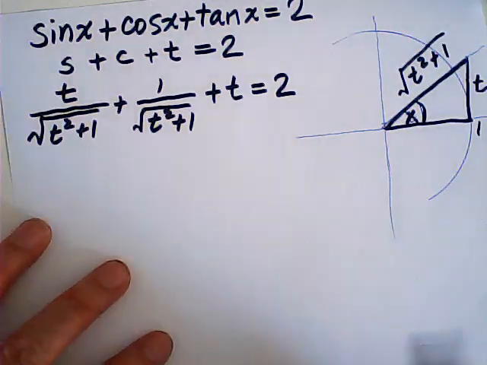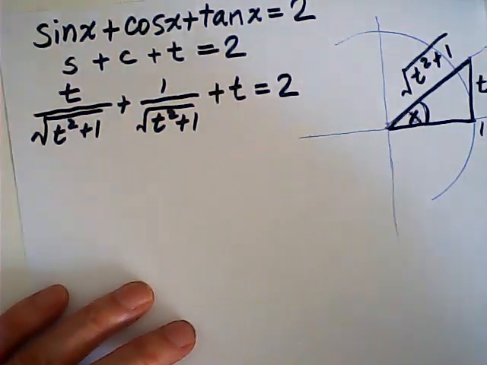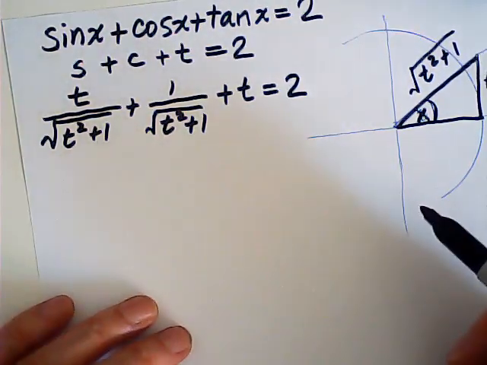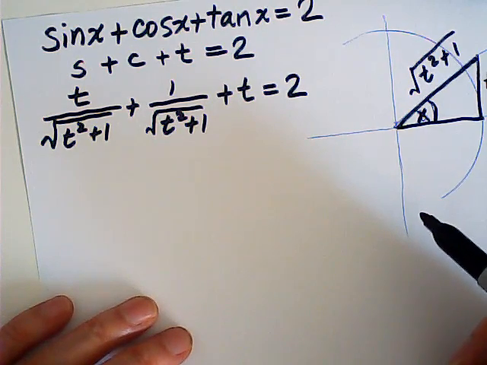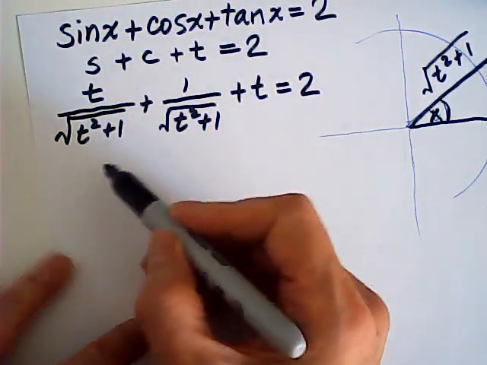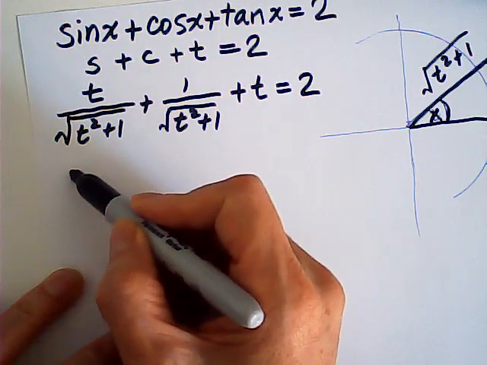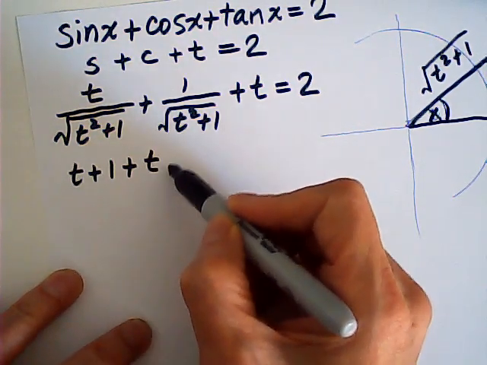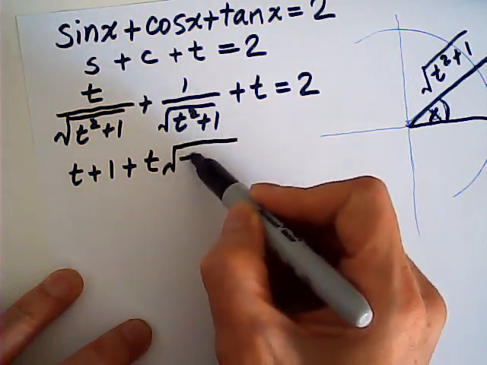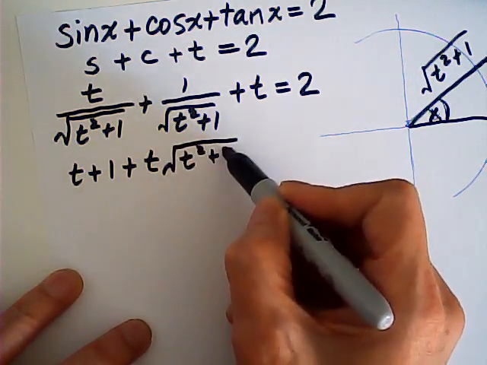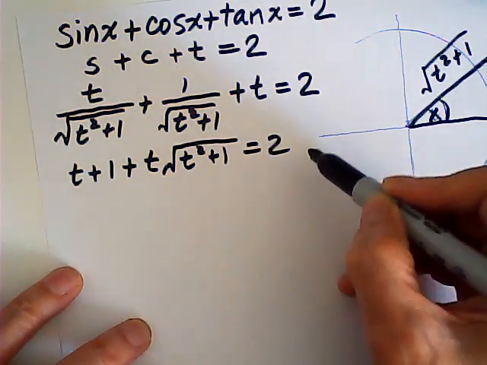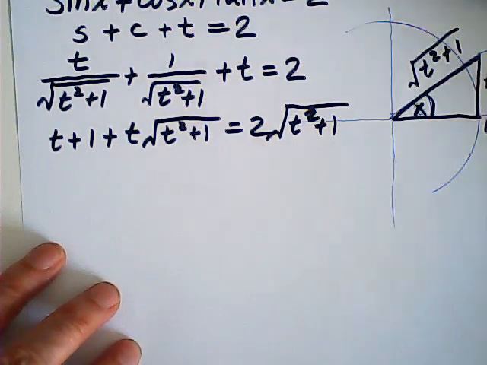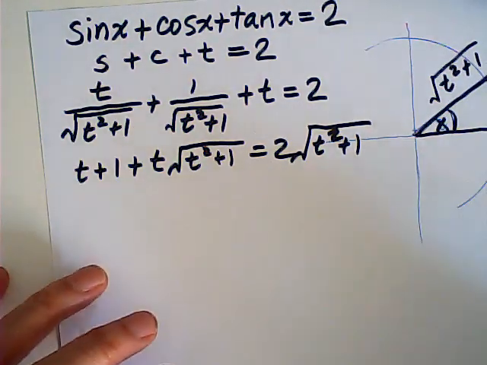You see, we have a better equation, no trigonometric functions. So this could be t plus 1 plus t times the square root of t squared plus 1 is equal to 2 times the square root of t squared plus 1. Well, just simple algebra.